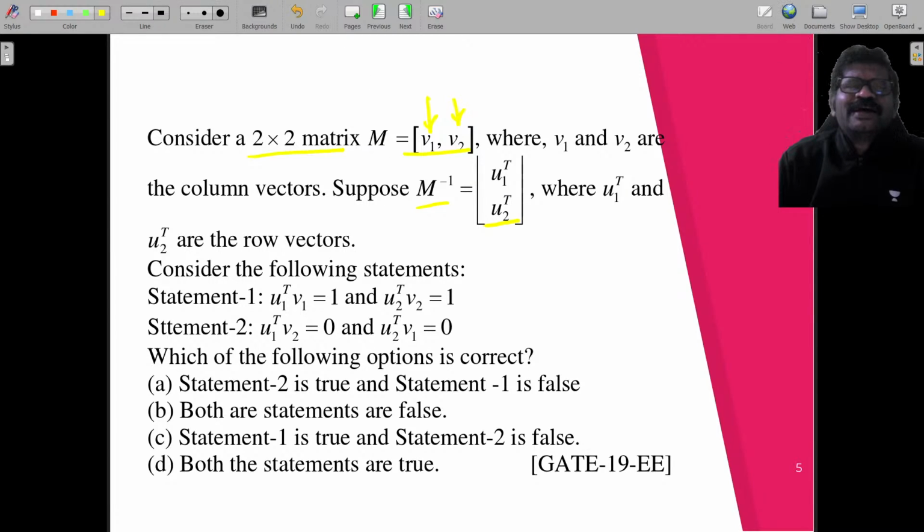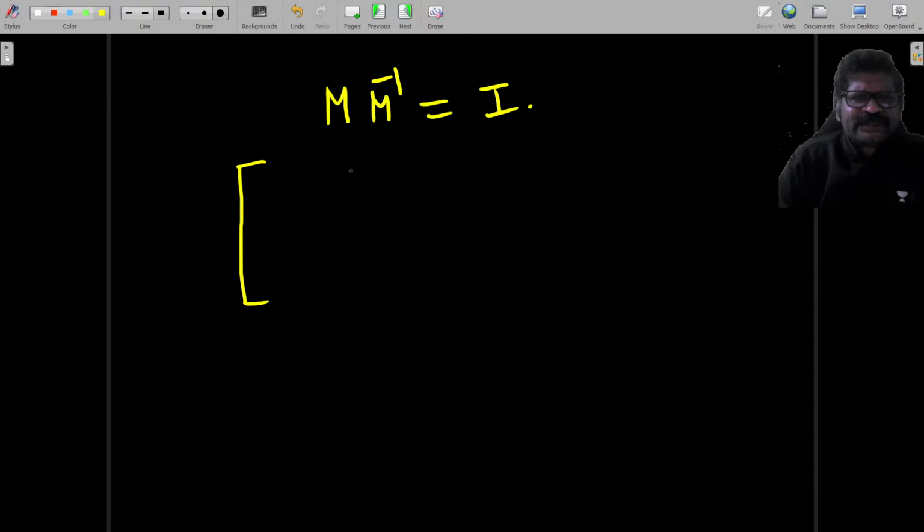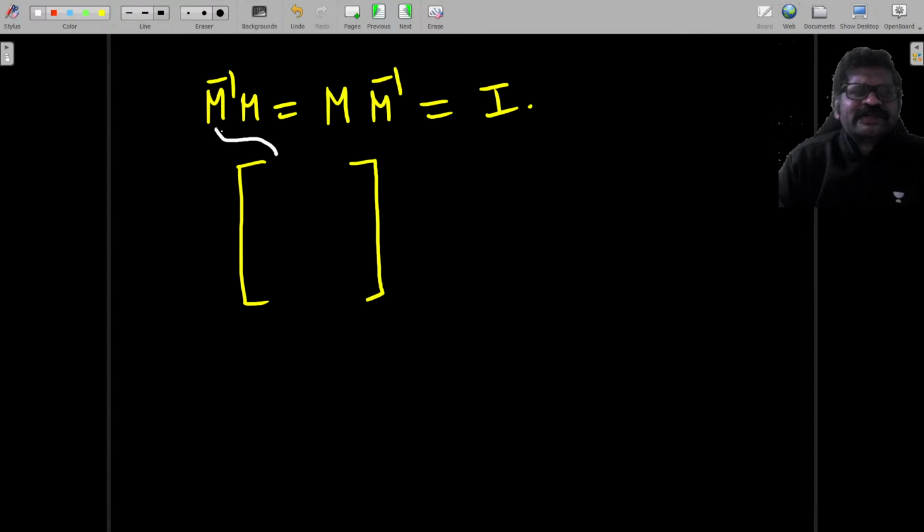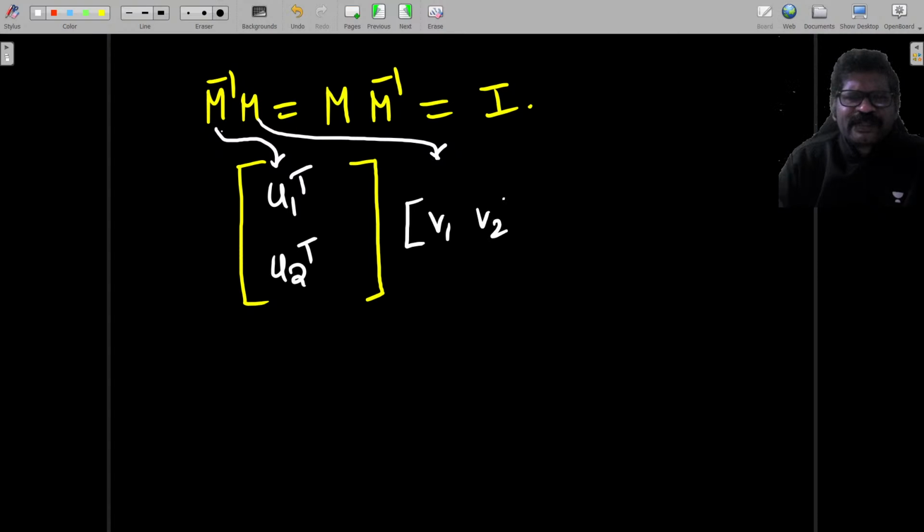So here, the given data is M into M inverse equal to I. He has given that M inverse into M equals M into M inverse equal to I. So here M inverse is U1 transpose, U2 transpose, and M is given as V1 V2, equal to 1 0 0 1.